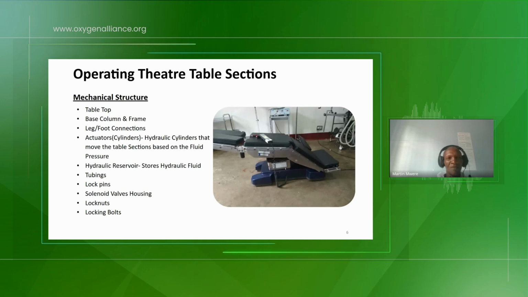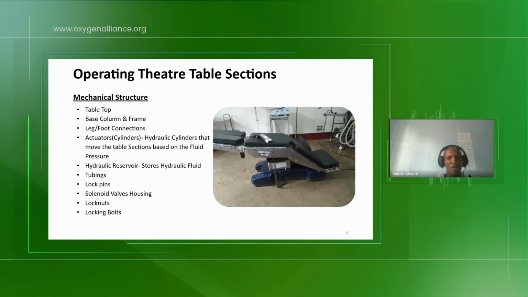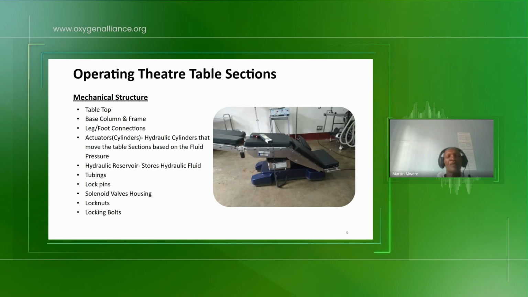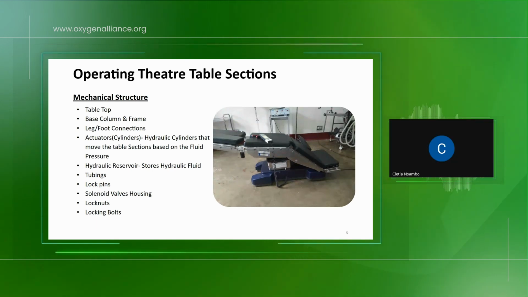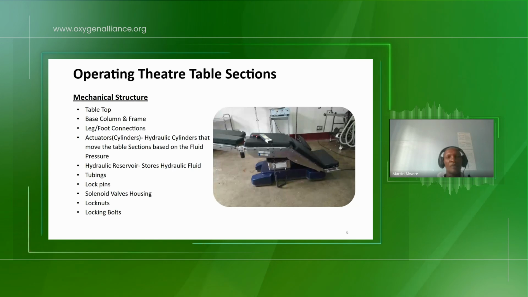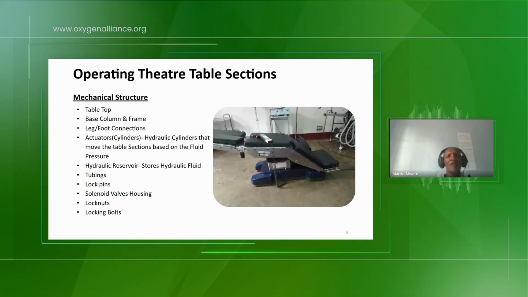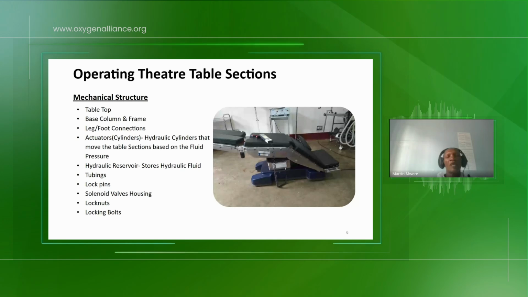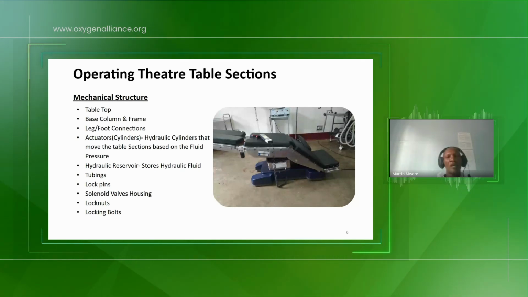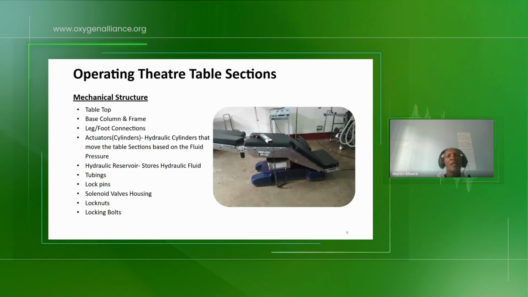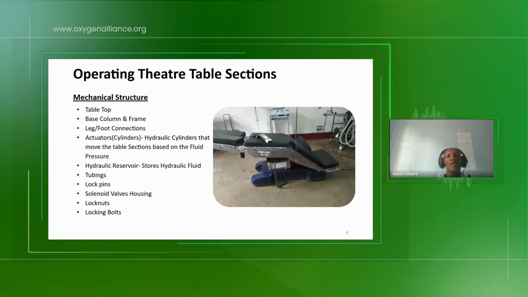You'll be able to see the actuators, another name for actuators is the hydraulic cylinders that move the table sections based on the set fluid pressure. We have the hydraulic reservoir, which stores the hydraulic fluid. We have the tubings, we have the lock pins, and we have the solenoid valve housing. Remember that the solenoid valve housing is made of brass.